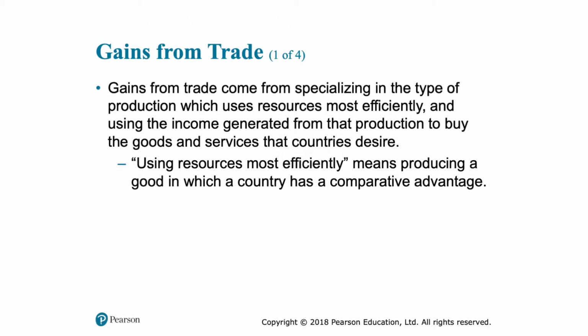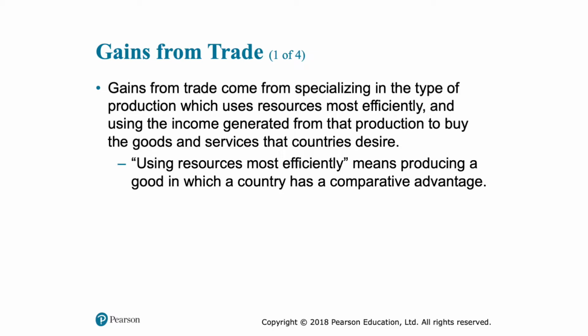So, gains from trade. Gains from trade come from specializing in the type of production which uses resources, labor, most efficiently, and using the income generated from the production to purchase the goods and services that countries desire.